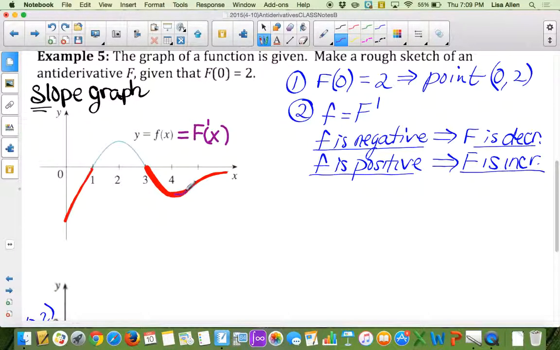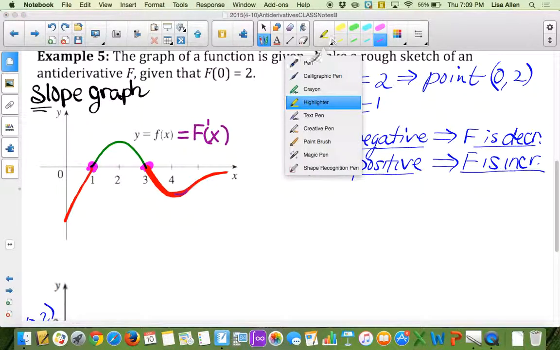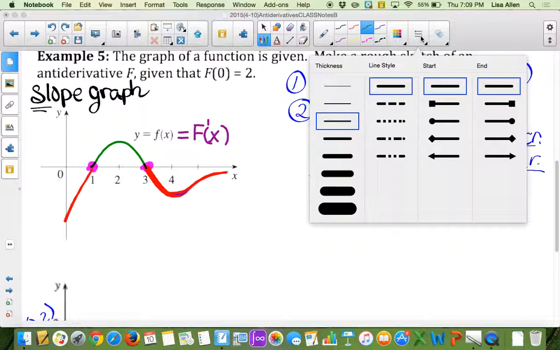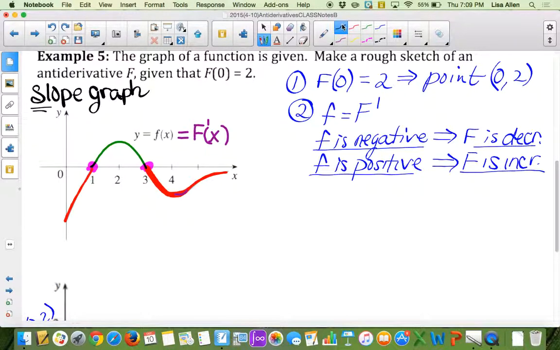So red below the axis, and then I'm going to color green above the axis. Colors don't mean anything. And then I'm going to make some points on the axis. I'm going to put a point here, where it crosses the x-axis. Then I'm going to make a couple notes about this. I need a thinner pen. Here we go.